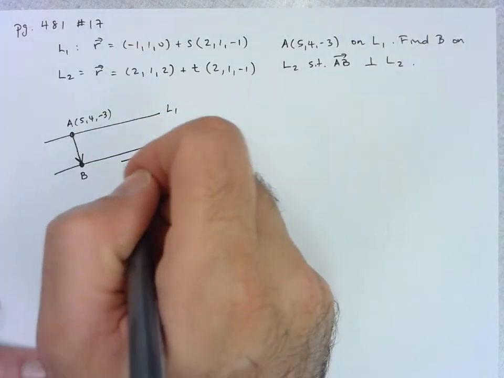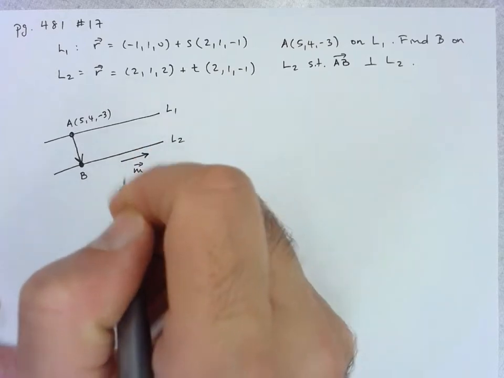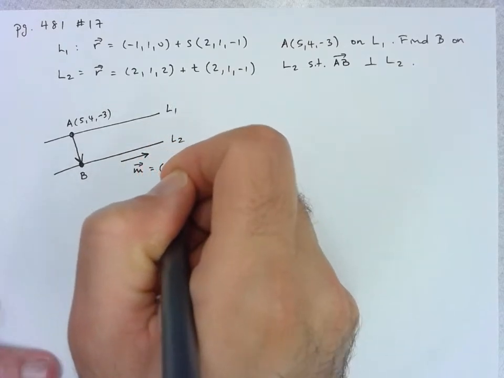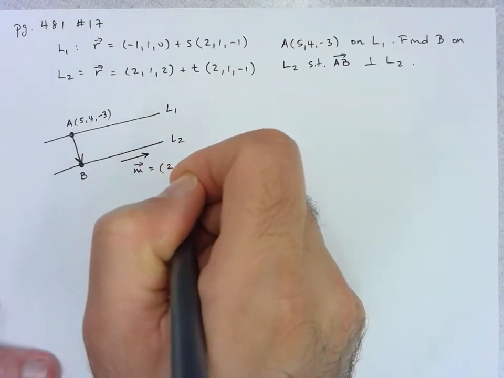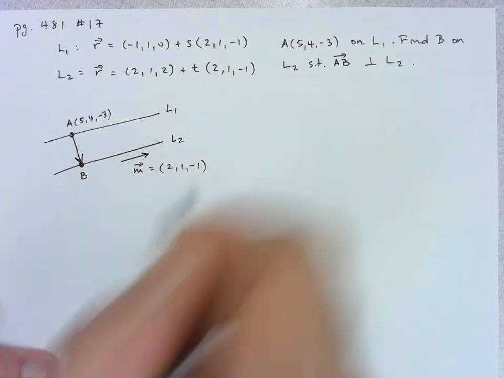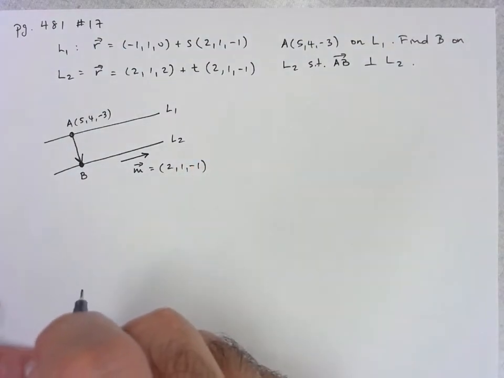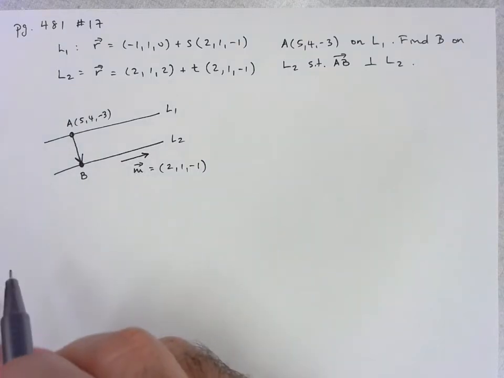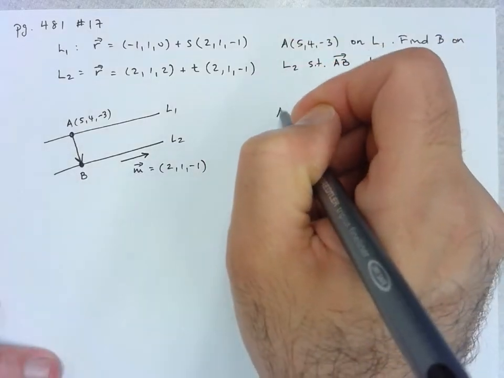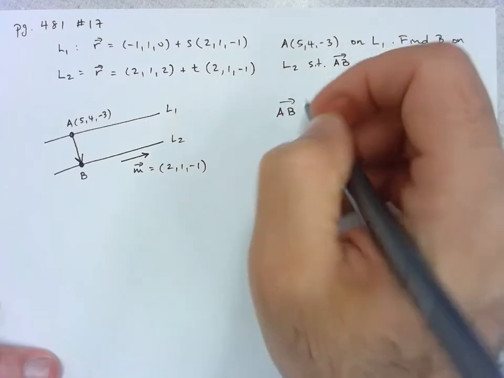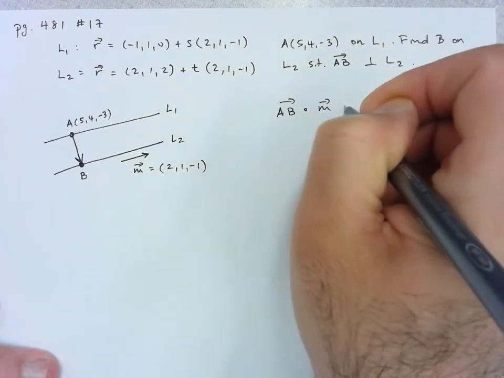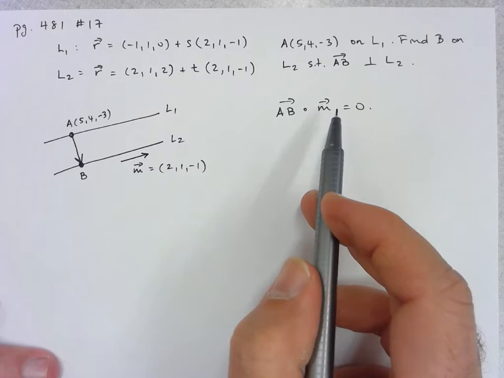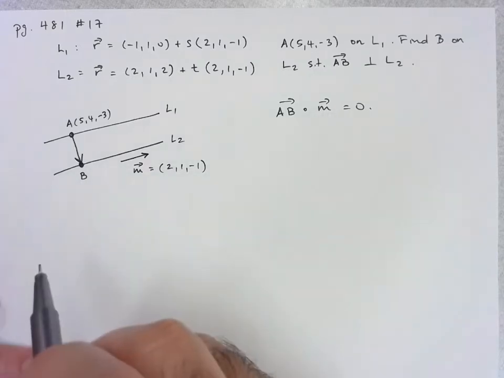So I'm going to be working with this direction vector M, which is the same as in line 2: (2, 1, -1). My goal is AB dot M equals 0, and hopefully I can use this relationship to determine what B is.